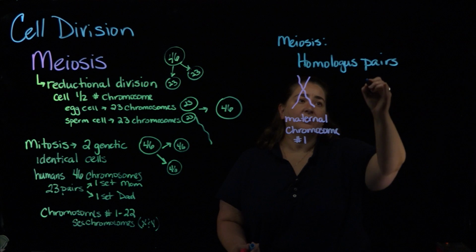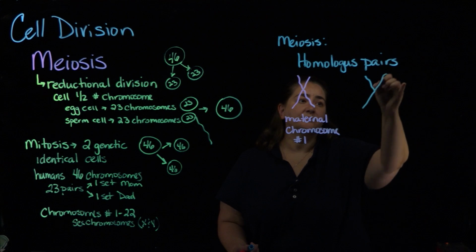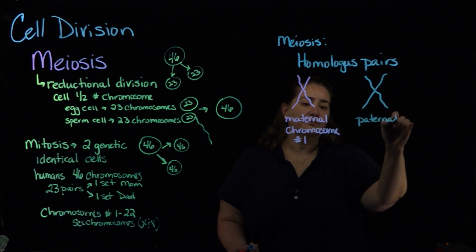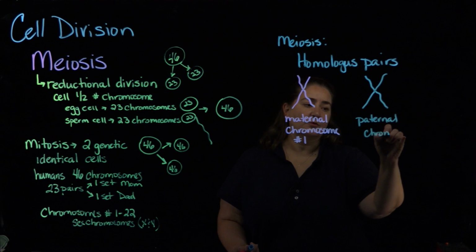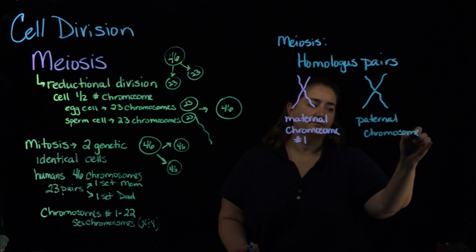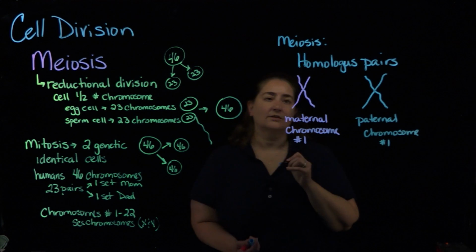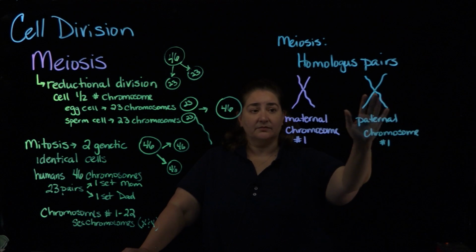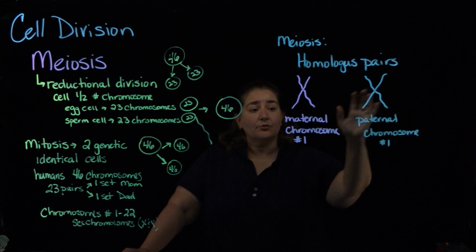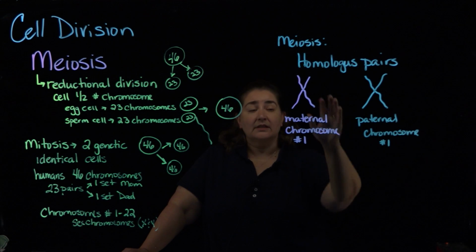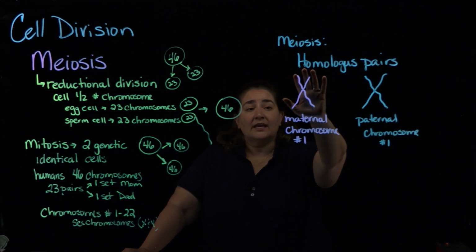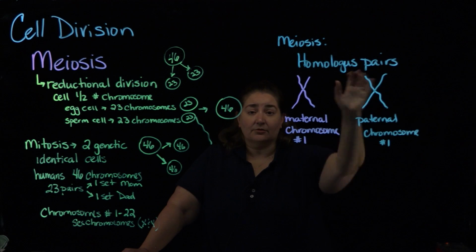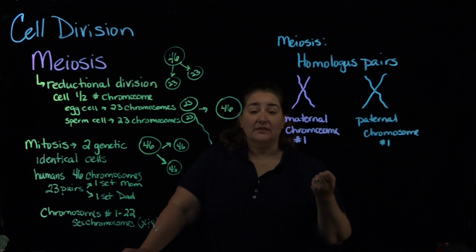And then we would have over here the paternal chromosome 1. All right? So what makes these the homologous pair is that they are both chromosome number 1, but one came from your mom, one came from your dad, okay? That's what makes you up, okay?